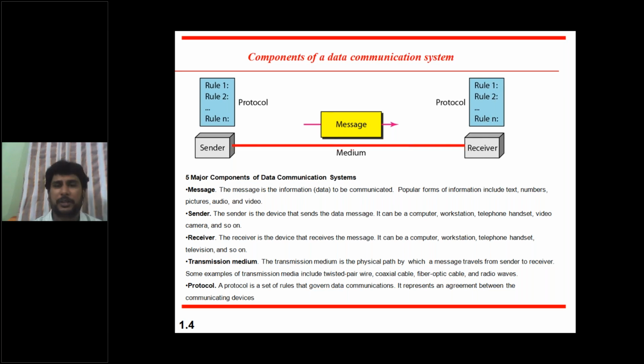I hope I'm clear. So first we tried to understand what data is and what the different forms of data are. And next we tried to understand what the different components are in a data communication.